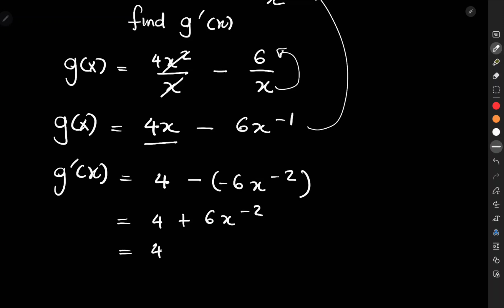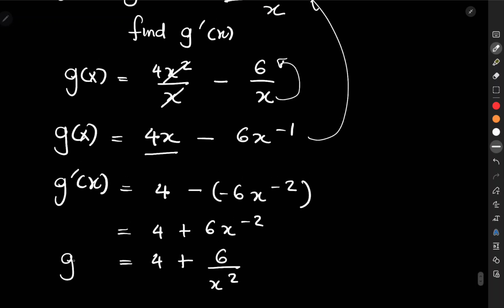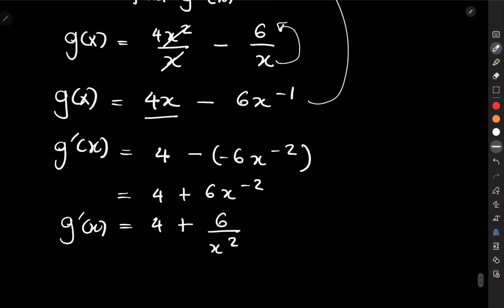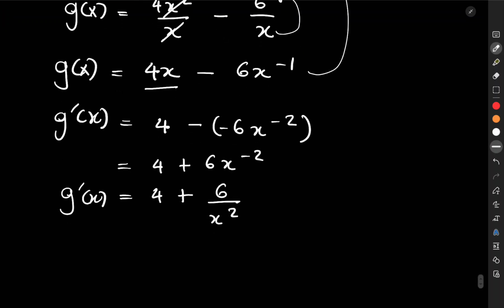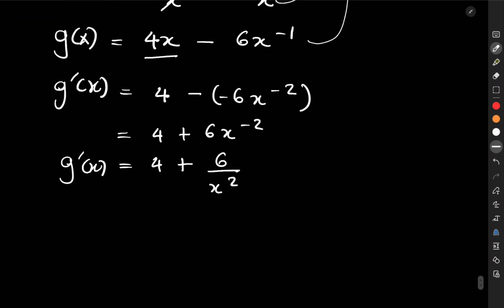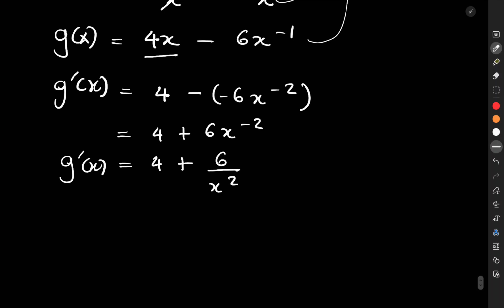And if we need to leave that in positive exponent, we're going to have 6 over x squared. So our final answer will be 4 plus 6 over x squared. So this is how we would derive this value. Our final answer would be 4 plus 6 over x squared.